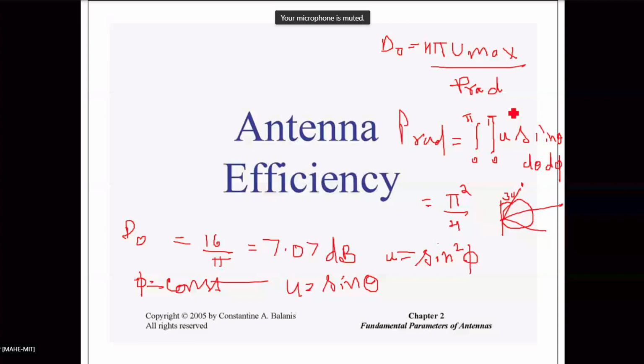Phi will vary for all the three cases from 0 to 2 pi. So find the radiated power. What is the value of P rad? Can you find out, all of you?